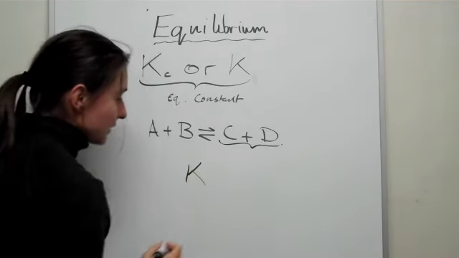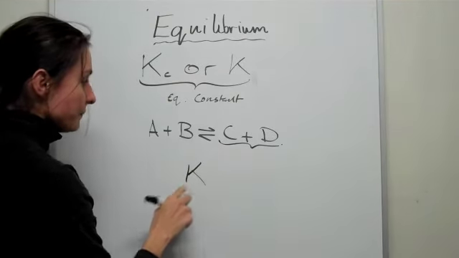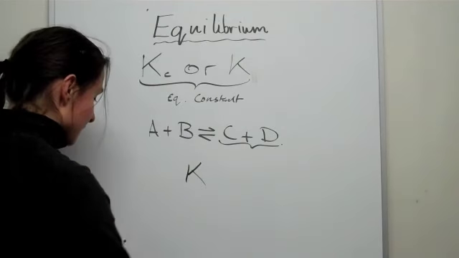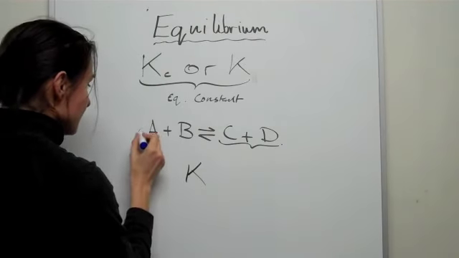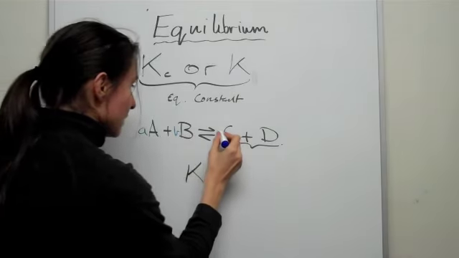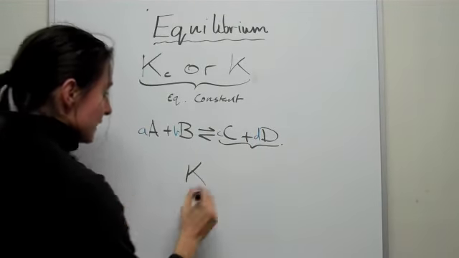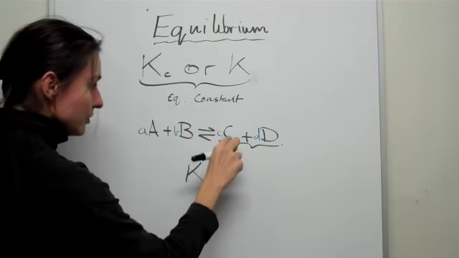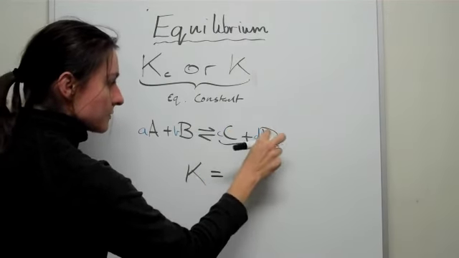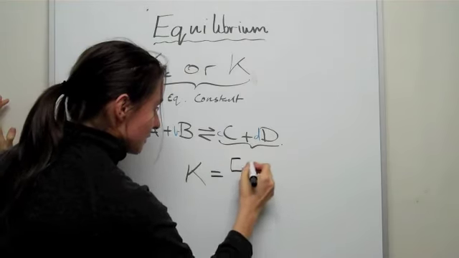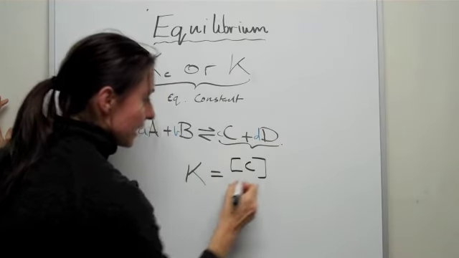So essentially what the K value is, it's defined as, if we just put coefficients in front of these, A, B, C and D, the K value is going to be equal to the concentration of this times the concentration of that. So the concentration is in square brackets, okay?